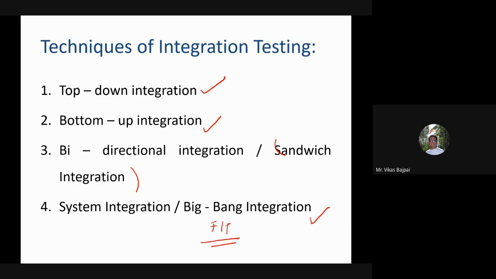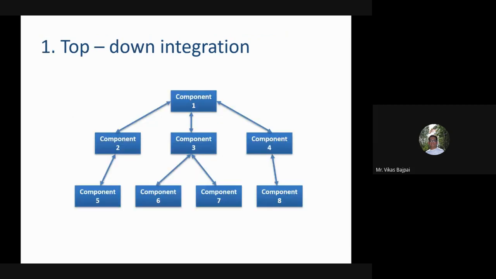So let's take this particular scenario where I have these components: 1, 2, 3, 4, 5, 6, 7, 8. These components are in incremental order of delivery.